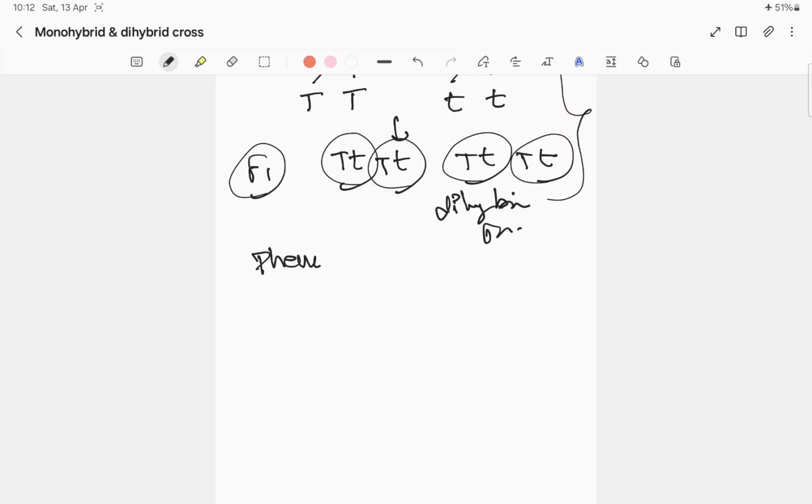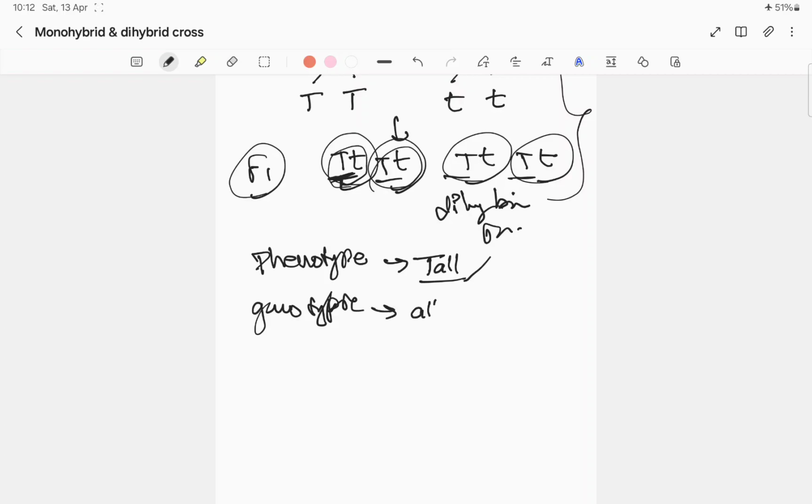Now the phenotypic, here all plants are capital T and small t. So all have one capital T. So phenotypically, if we observe, all plants will be tall. So we can say phenotypically all are tall, and genotypically all are also equal.